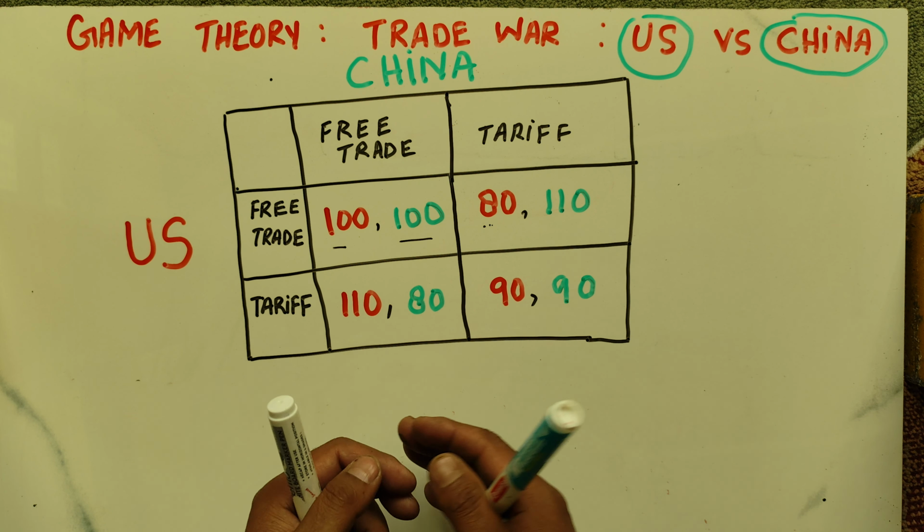If China opts for free trade and US opts for tariff, China's payoff will decrease because of the reduced export, and the payoff of US will increase because its domestic industries get some sort of protection. This explains the third cell.